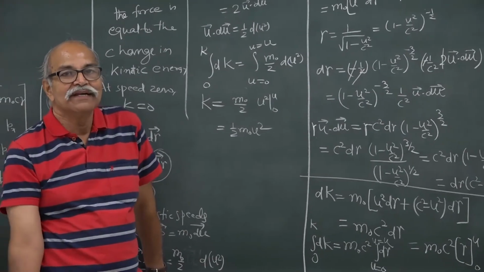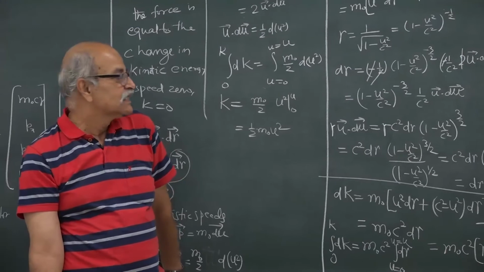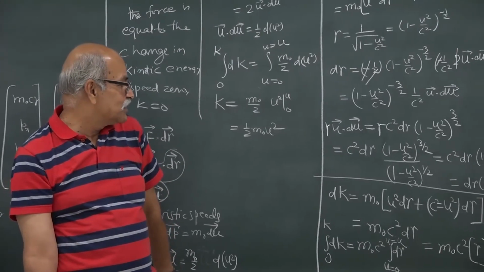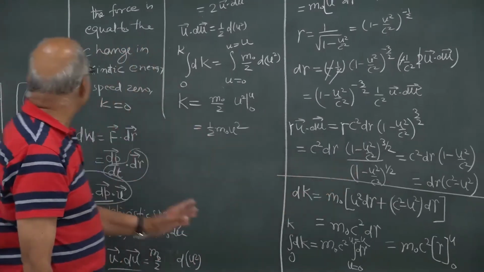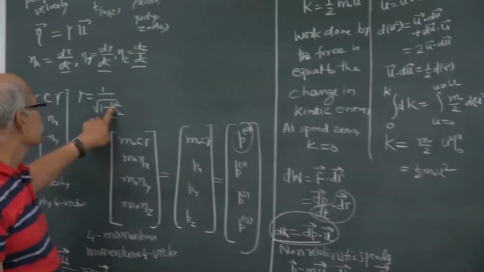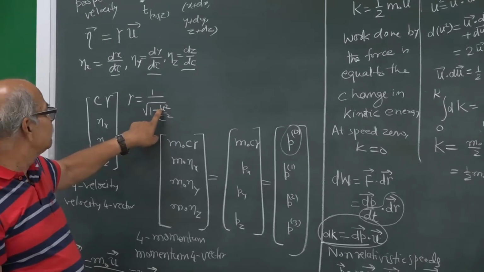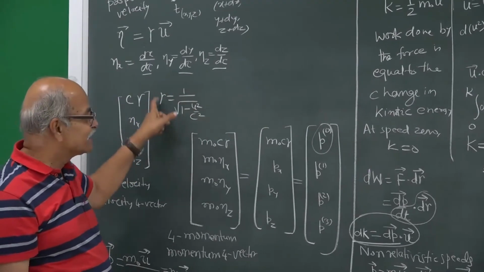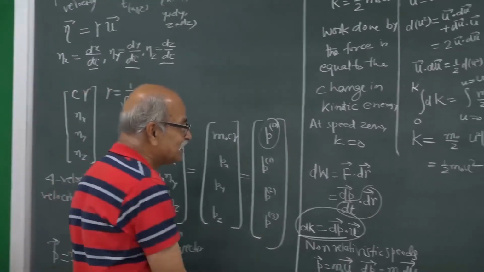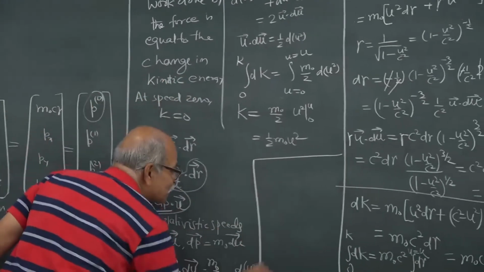What is gamma at u equal to 0? Gamma at u equal to 0 is just 1, right. If u is 0, gamma is just 1, and if u is u, then it is just this. So, what is the expression of k? Let me write it here before I rub the board.